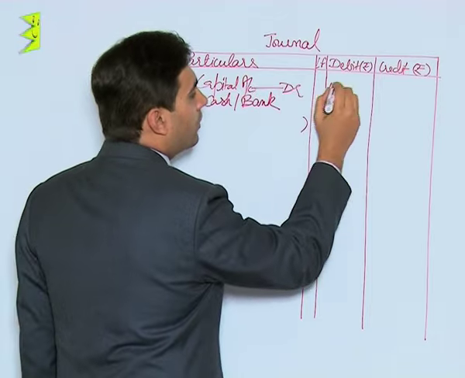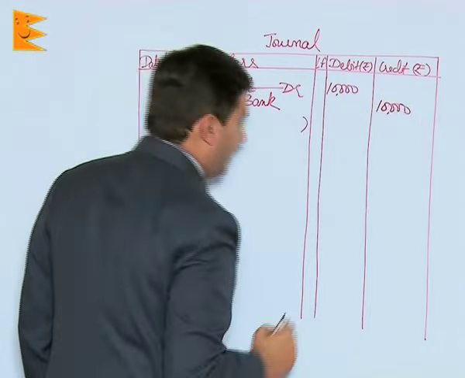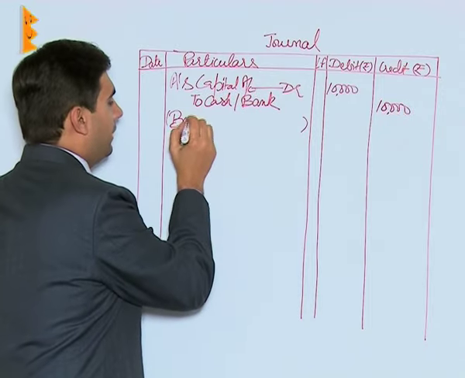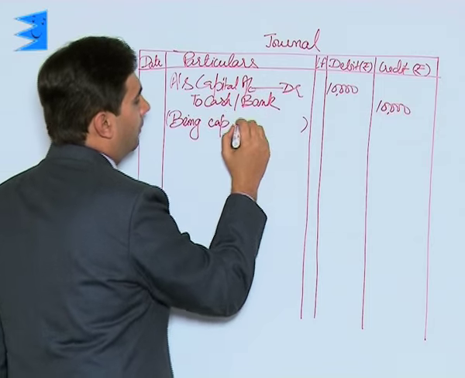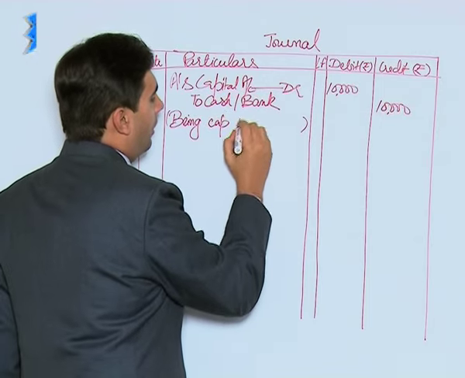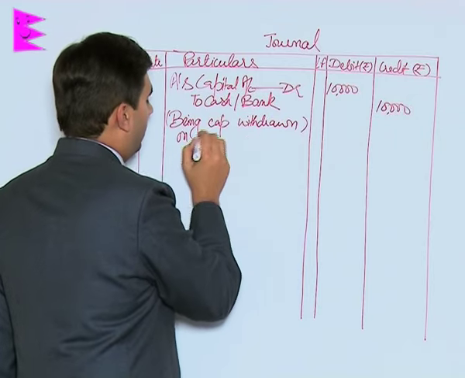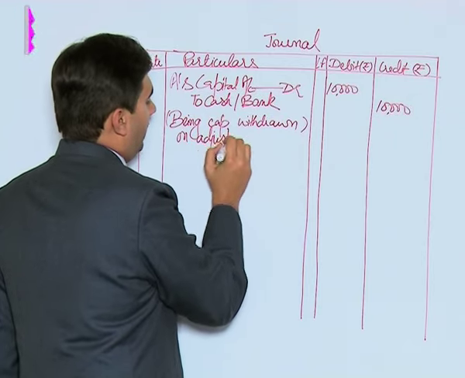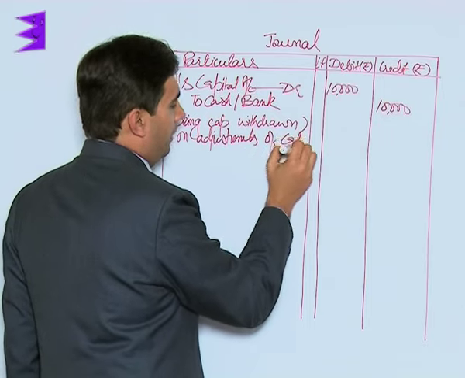The amount that we had calculated as 10,000. Narration would be being capital withdrawn on adjustment, and you must mention it is adjustments of capital.